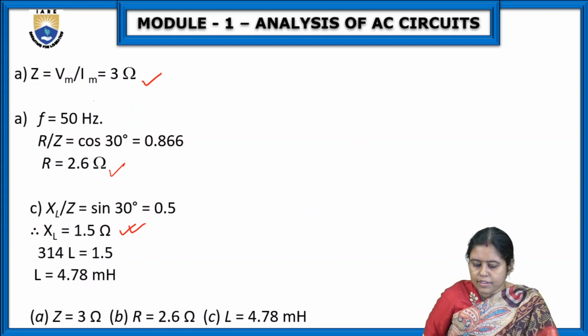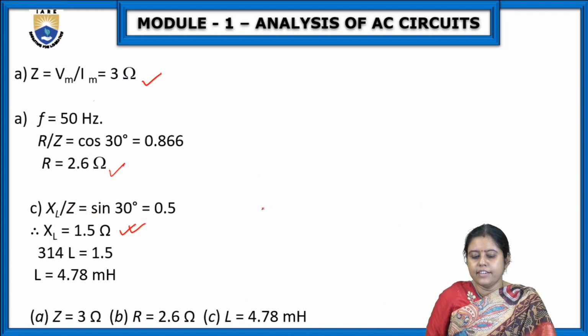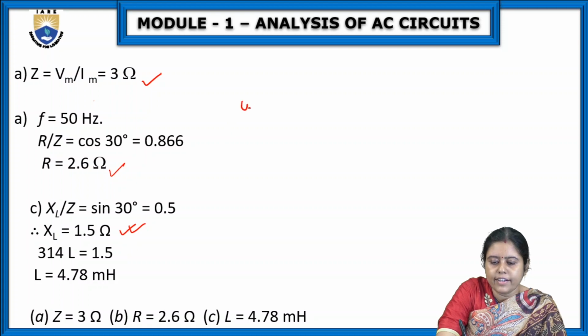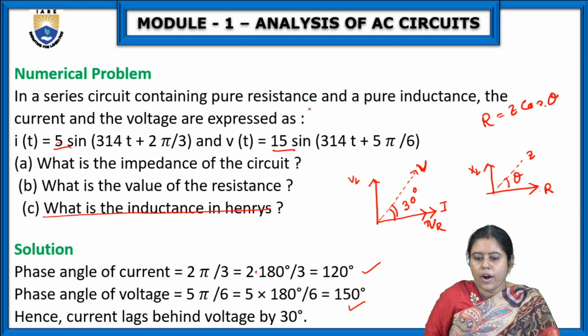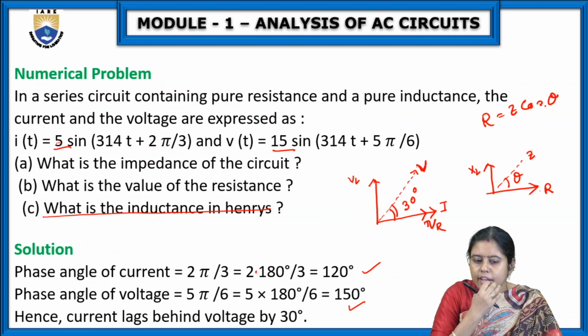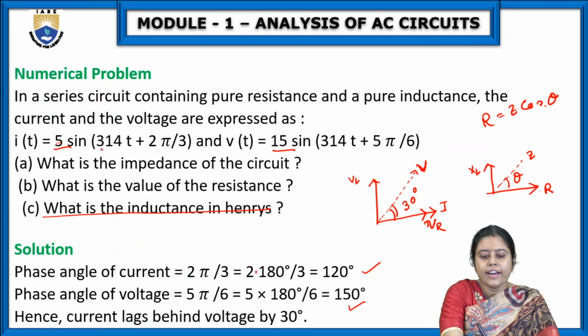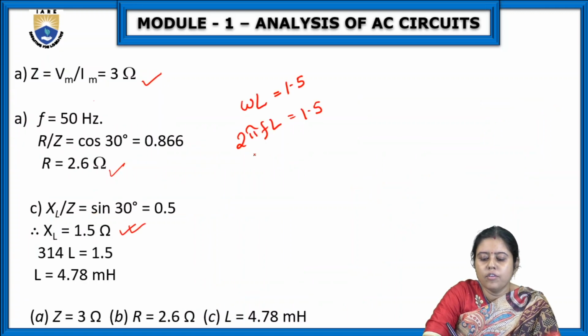Now, what is our question? Question number C. What is the inductance in Henry? So how to get the inductance? We know omega L is equal to 1.5. Omega means 2 pi f L is equal to 1.5. Is the frequency given? The frequency is not given, but here it is given as omega t. So omega is equal to 314.